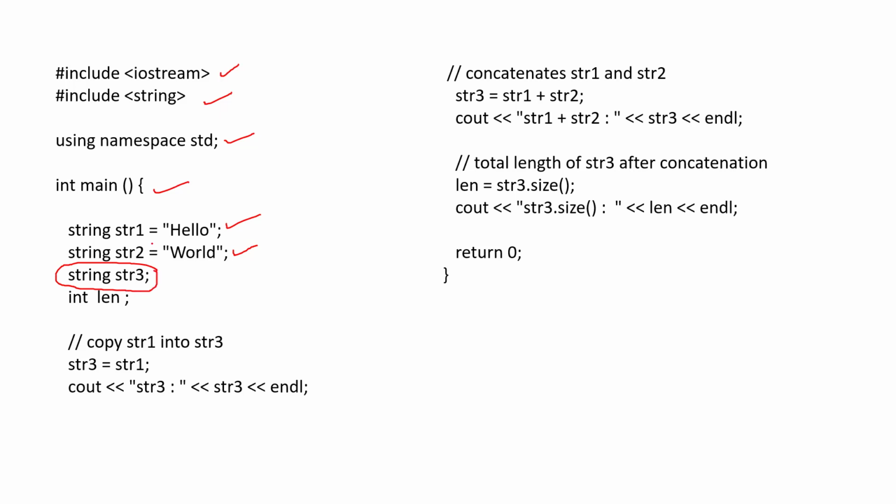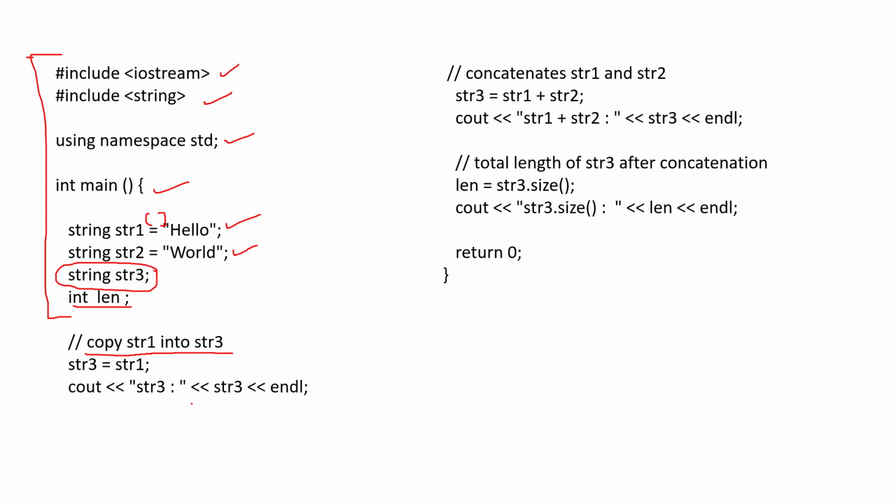One more thing to note here, we are not defining the size of the elements here. So it is open. Then we define the integer length with a semicolon. So everything is more or less similar to the previous problem. Now we are going to learn to copy str1 into str3.